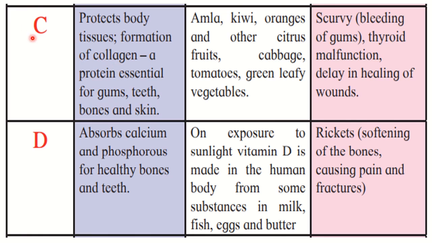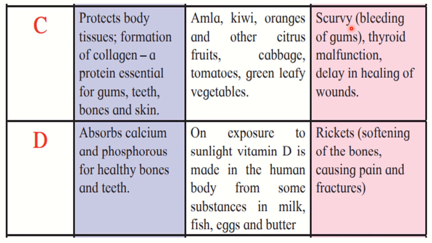Now, vitamin C you get from all the sour foodstuffs. Like amla, kiwi, oranges, lemons and other citrus fruits, cabbage, tomatoes, green leafy vegetables. From all these we get vitamin C. And the deficiency diseases are scurvy.